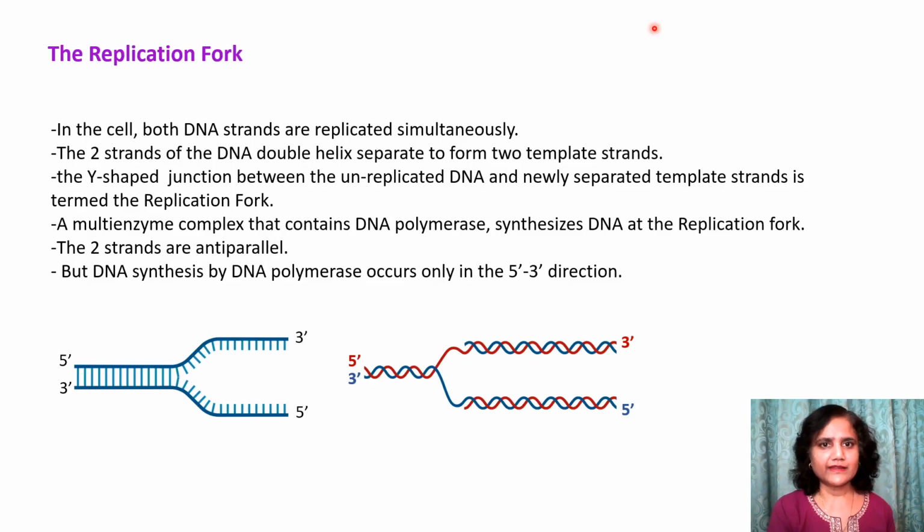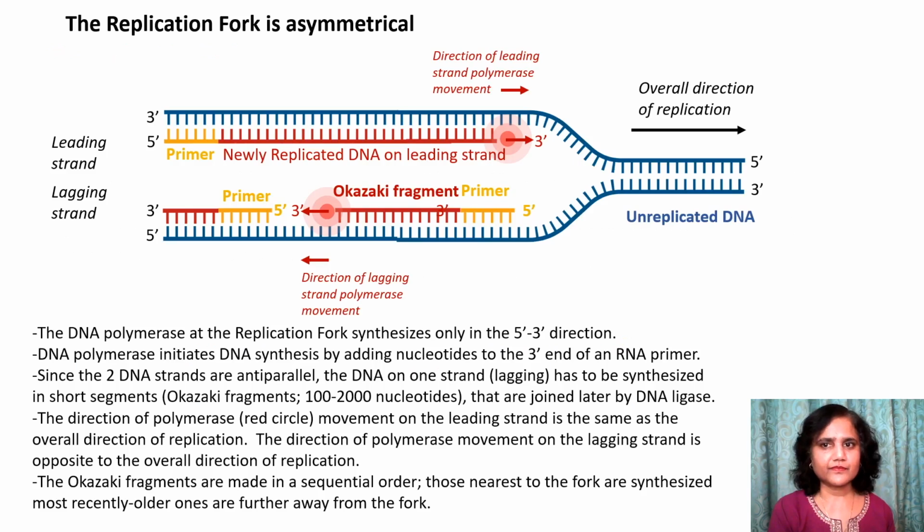Now recall that these two DNA strands are anti-parallel, but at the same time DNA synthesis by DNA polymerase occurs only in the 5' to 3' direction. Hence, as a result of this, the replication fork is asymmetrical due to mainly two reasons.